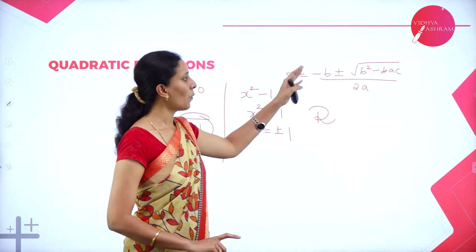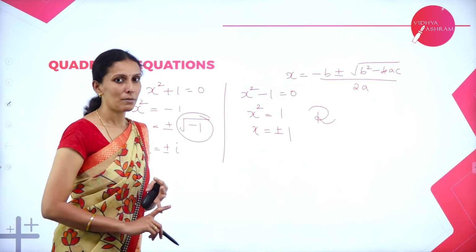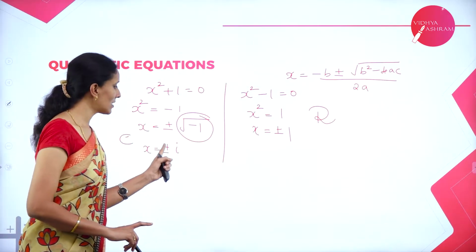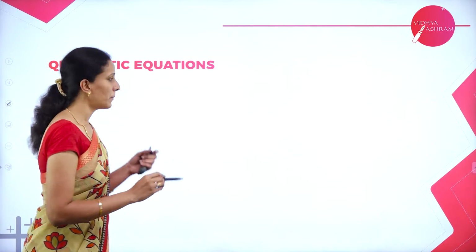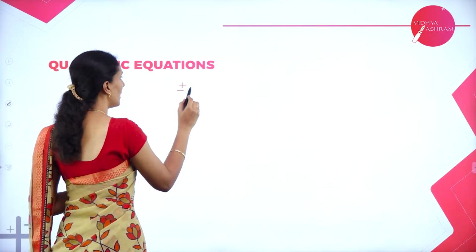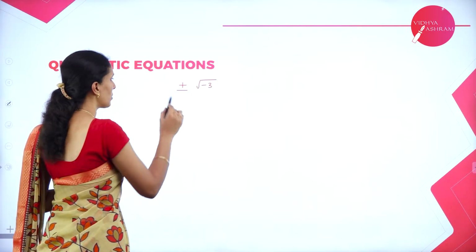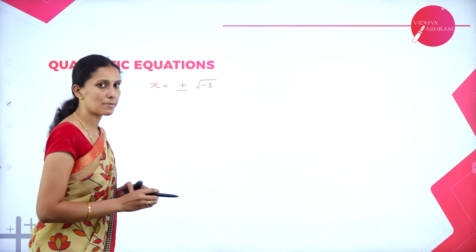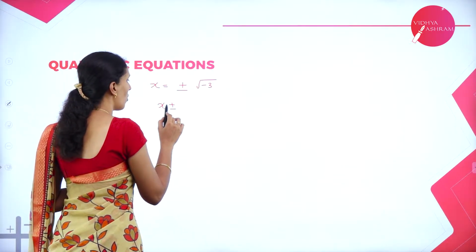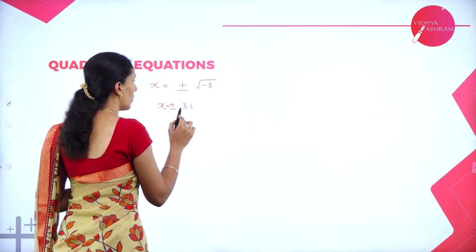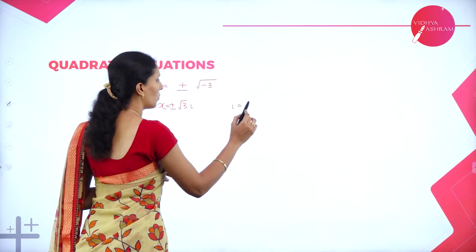The same formula, whatever you have used, the same formula is used, but here we replace the negative 1 within the square root as i. For example, if some solution we got as plus or minus root of minus 3, then we write it as plus or minus root 3 into i, where i is root of minus 1.